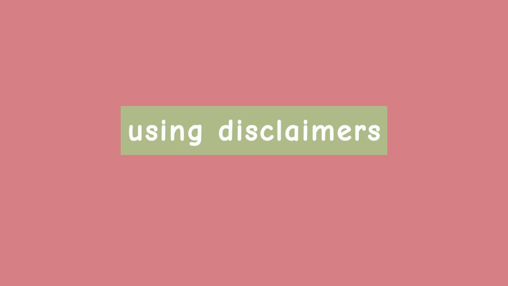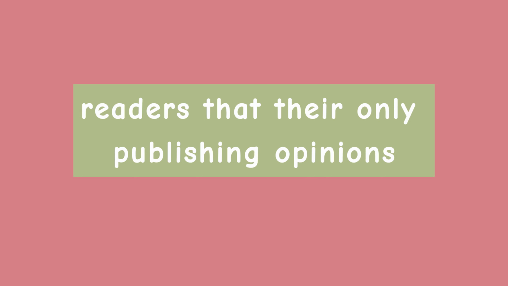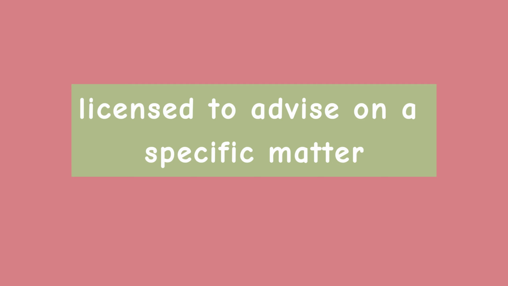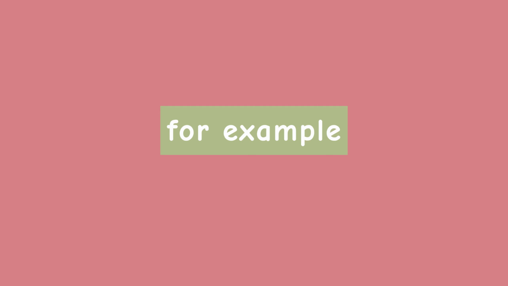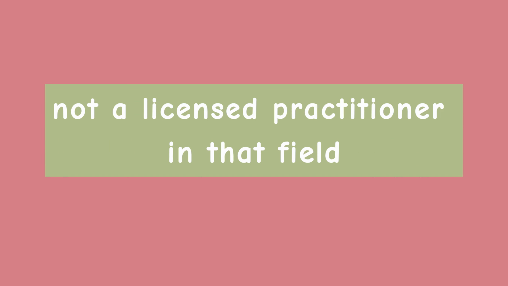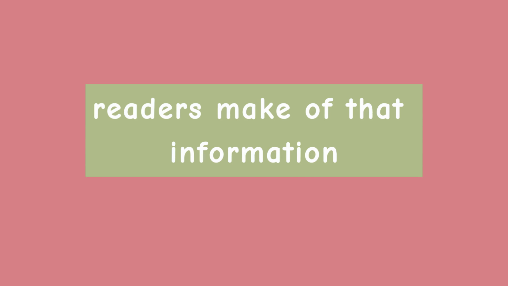Using disclaimers. Many writers use disclaimers as a means of warning readers that they are only publishing opinions and not making official recommendations. This is important especially when you're not licensed to advise on a specific matter. For example, you can write a well-researched book on a health issue. However, if you're not a licensed practitioner in that field, you can get sued for the use readers make of that information.